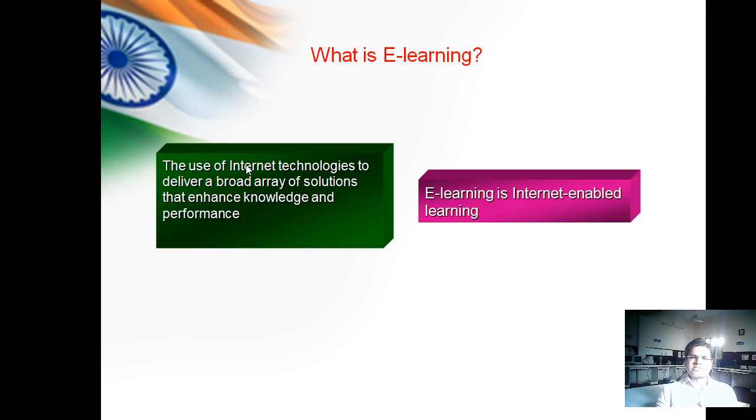Then what is e-learning? E-learning is the use of internet technologies to deliver a broad array of solutions that enhance knowledge and performance. Means for enhancing knowledge and performance, there is a need to use internet technologies in teaching and learning, or in every part of life.